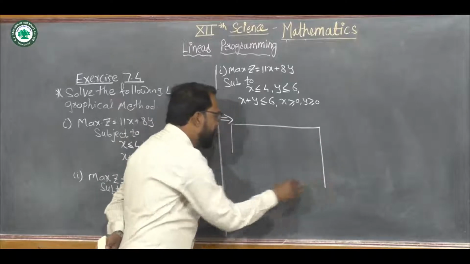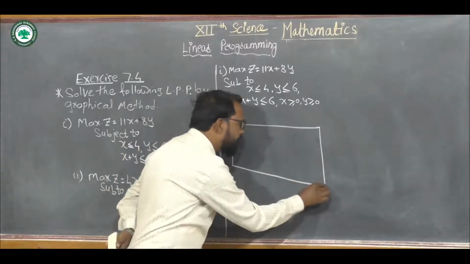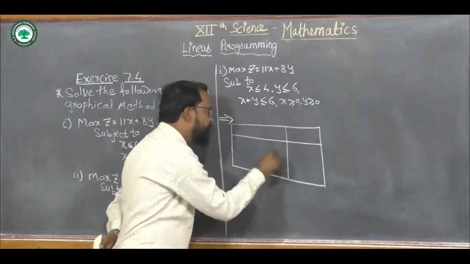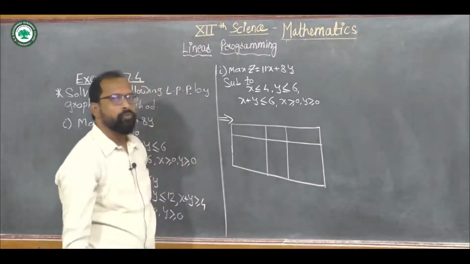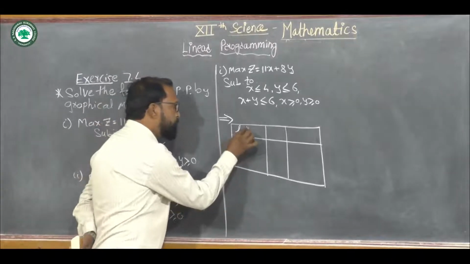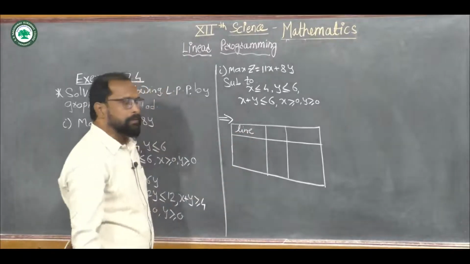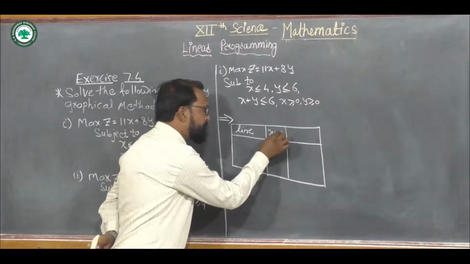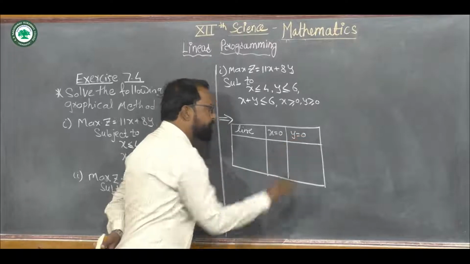First we find the feasible region for the given constraints, and to find the feasible region we have to plot the constraints on graph. So to find the graph, first take the line x equals to 0, y equals to 0.